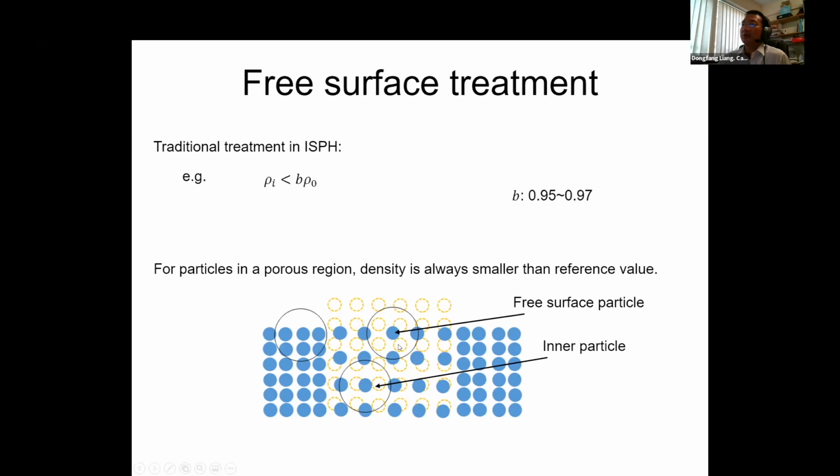But inside the porous medium, we need to calculate a reference density using the porous particles, in the same algorithm as for calculating the density of the smoothing particles in that location.